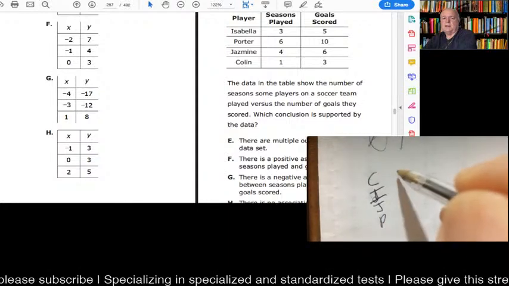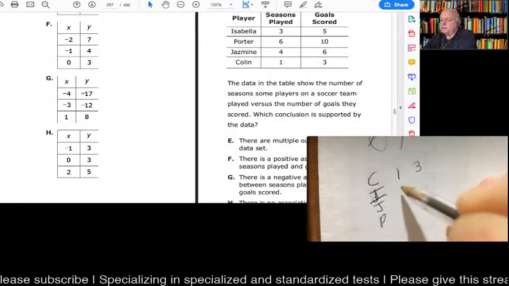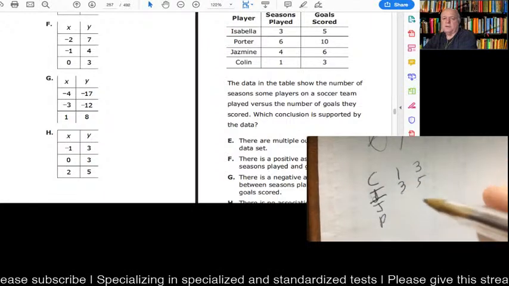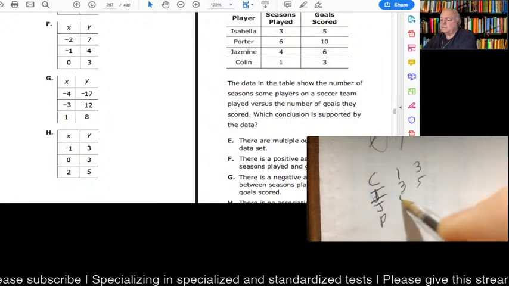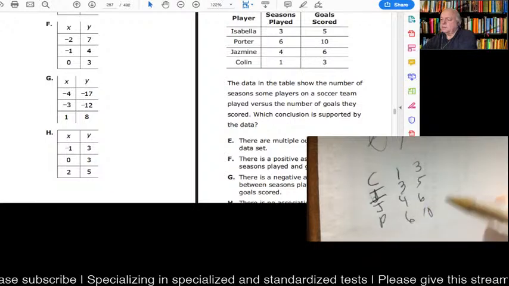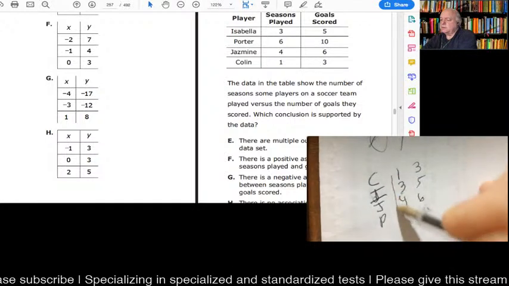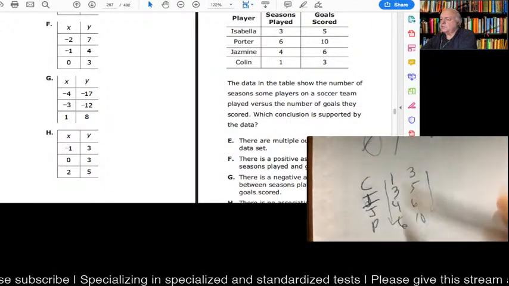Colin was 1, 3. Isabel is 3, 5. Jasmine is 4, 6, and Porter is 6, 10. There seems to be a flow. This number's going higher, and this number's going higher. Again, nothing seems too freaky here.